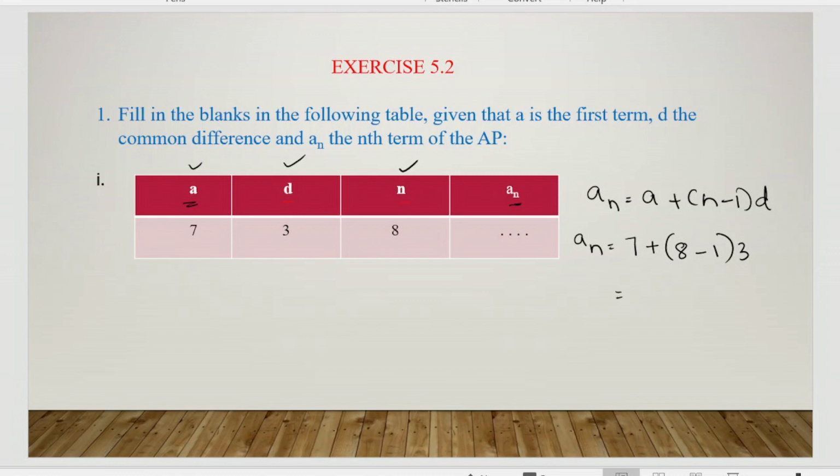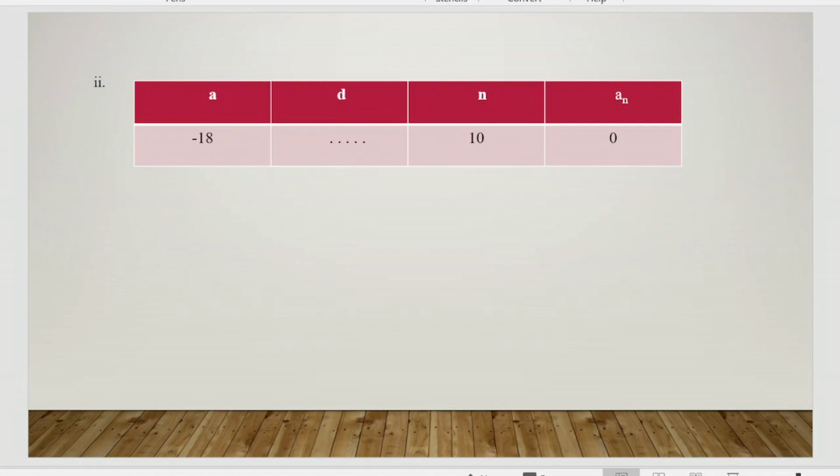So you will get 7 plus 7 into 3, which is 7 plus 21. So AN will be 28. Okay, so here AN is 28.